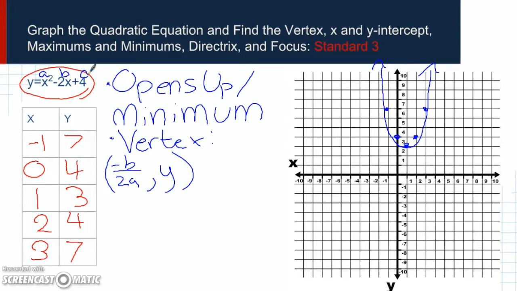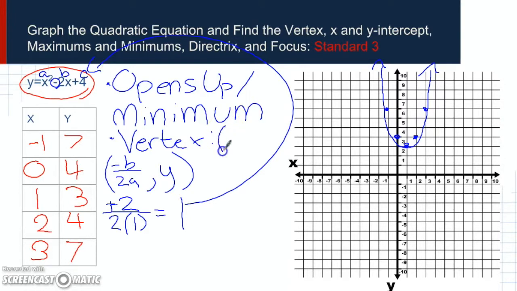So you plug those in. You do positive 2, because the 2 in the equation is negative, and a negative of a negative is a positive, over 2 times 1, and that equals 1. So you plug 1 into your equation right here, and you get 3 for y. So your vertex is (1, 3).